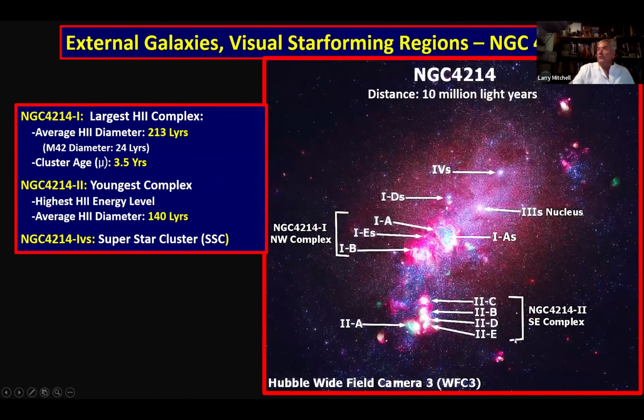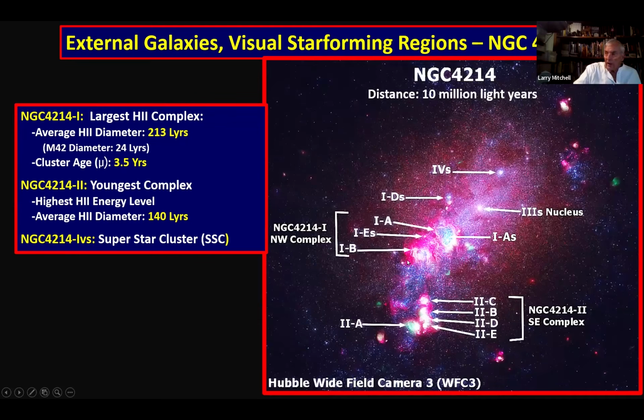NGC 4214 is another object where the objects inside can be seen through amateur instruments. This is a large complex of H2 regions, 213 light years in diameter, very young age, 3.5 years. The NGC 4214-2 complex, this is the youngest complex, the most energetic complex in the galaxy.